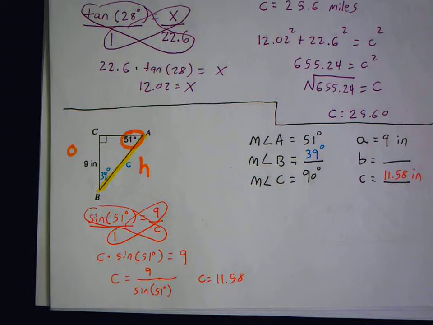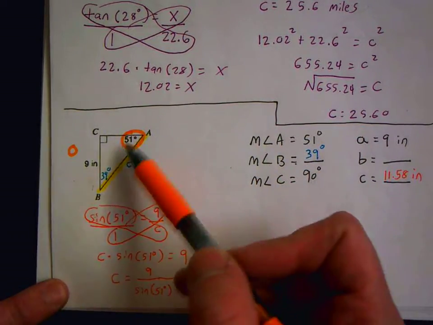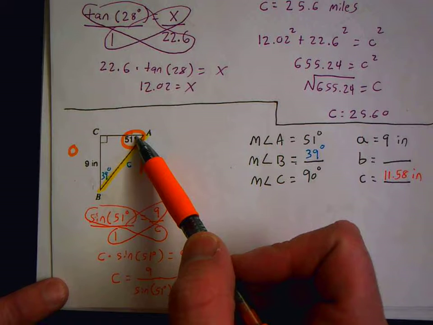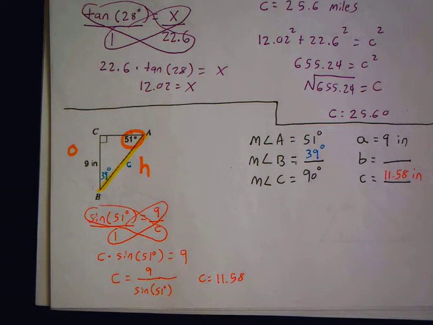Now, if you love SOHCAHTOA and you have these angles, you could use SOHCAHTOA to find the other leg, or you could use Pythagorean theorem. You'll get the same answer. Which one do you want to use? She wants to use SOHCAHTOA this time instead of Pythagorean theorem. That is fine. Well, we have a lot of options here.